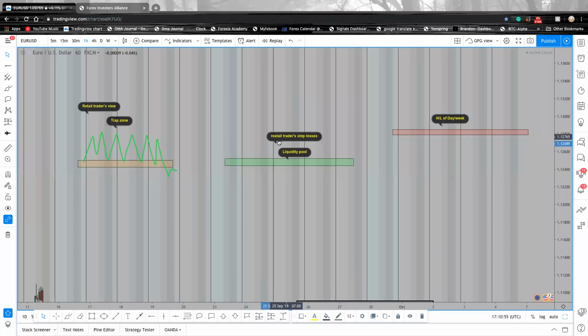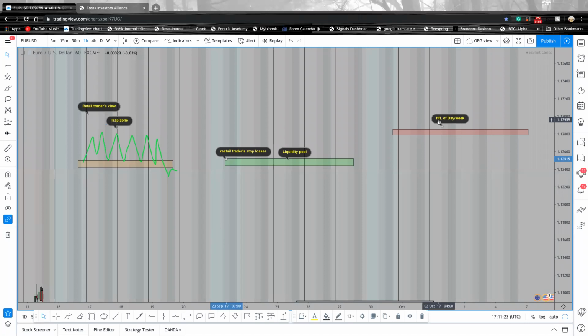One easy way to identify this liquidity pool is actually another trap zone. It's another place that retail traders see as support or resistance, so they are going to have their stop losses below that zone, or above that area. That area where retail traders have their stop losses is the liquidity pool.